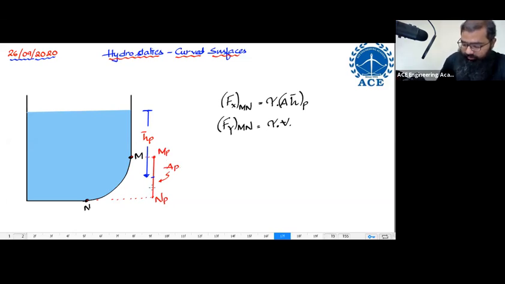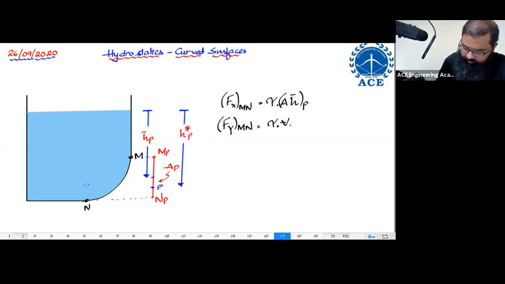Let us say somewhere over here lies the point center of pressure. That means this distance over here, again starting from here, is going to be equal to h star of projected area.